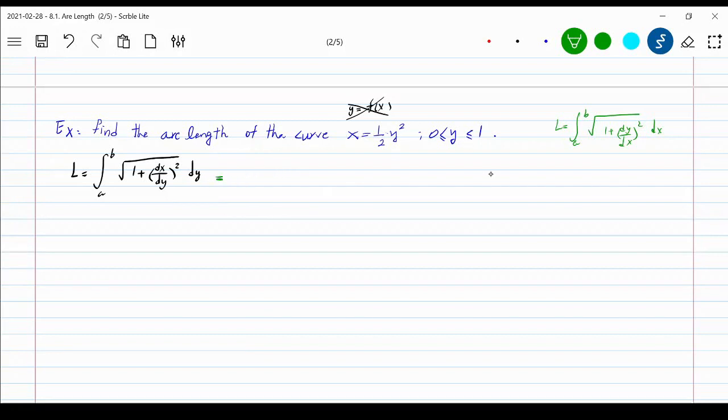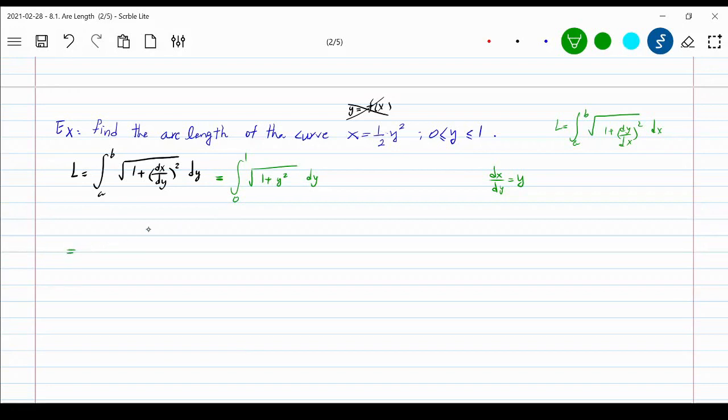And then I need to figure out what is dx over dy. This becomes simply y. All right, take the derivative, it's y. So the integral becomes from 0 to 1 square root of 1 plus y squared dy.